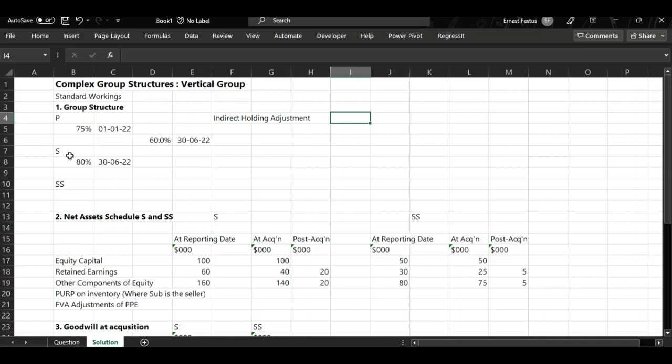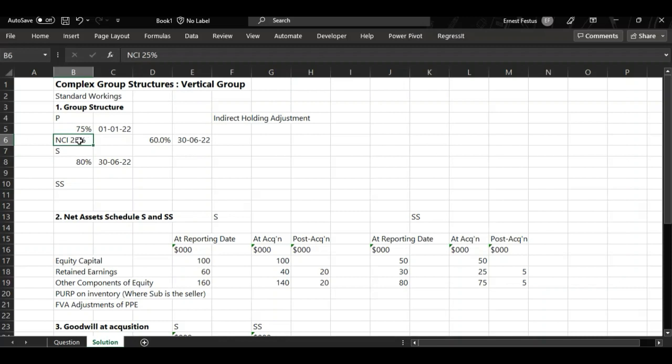So with the indirect holding adjustment, we are talking about P controls 75% of S, and so the NCI, the non-controlling interest in S, is actually 25%.